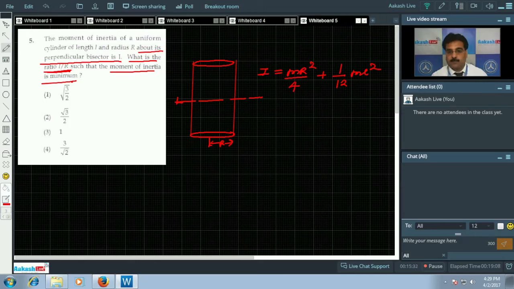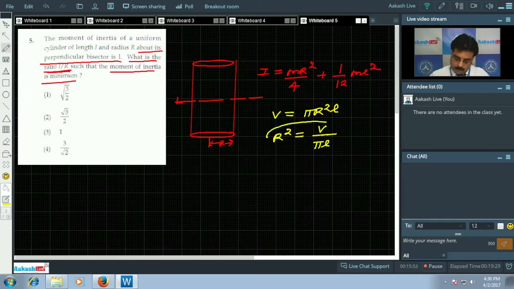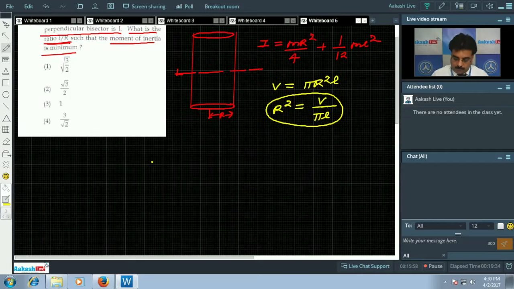So what will we do in this type of situation? The volume of the cylinder is pi r square L, right? So if I calculate the value of r square, that will give you v upon pi L. What will happen if I put the value of r?